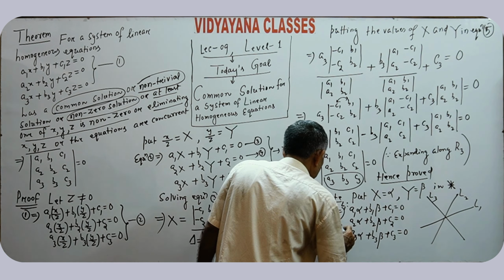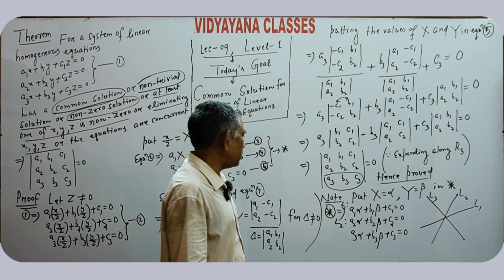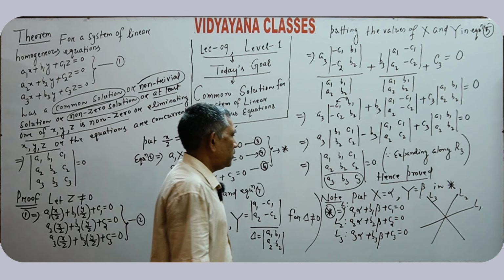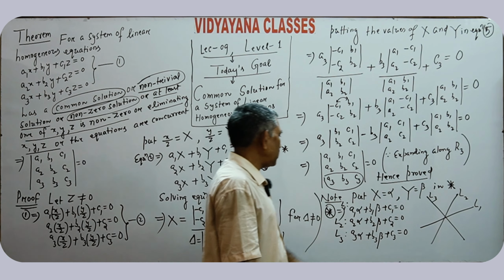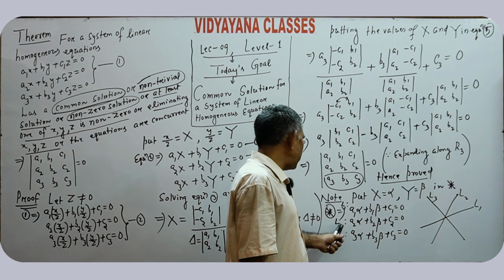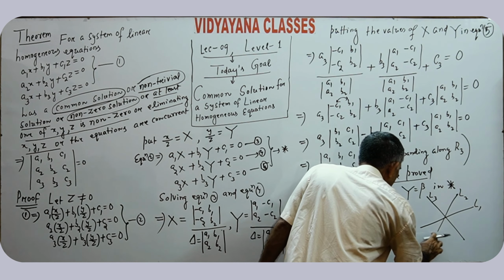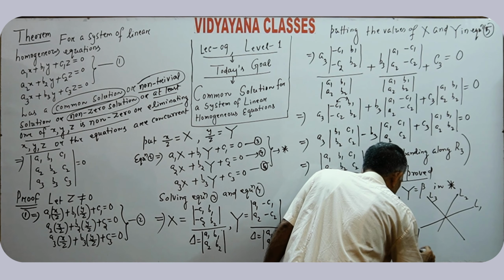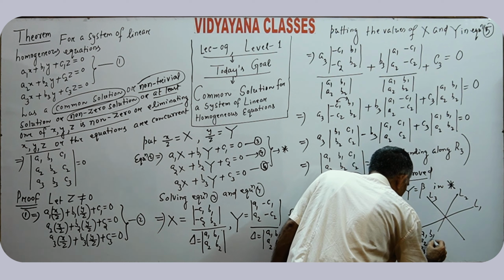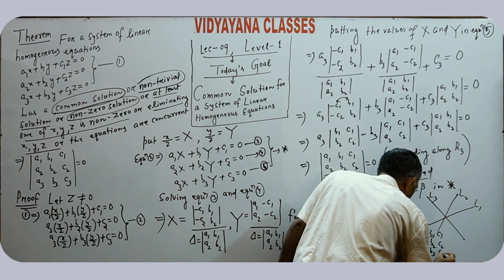L2 such that A2 alpha plus B2 beta plus C2 is equal to 0. L3 such that A3 alpha plus B3 beta plus C3 is equal to 0. Eliminating alpha and beta from L1 and L2 and putting in L3, it gives the determinant A1, A2, A3, B1, B2, B3, C1, C2, C3.